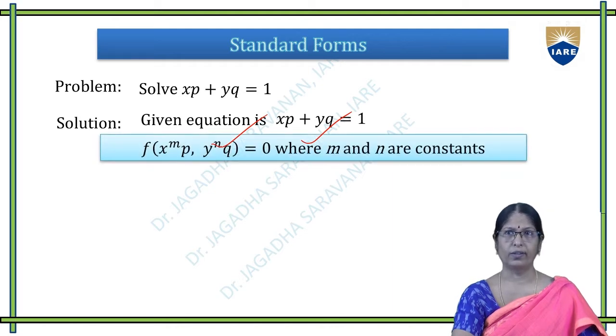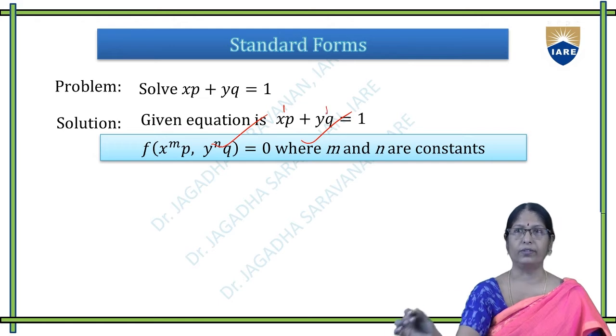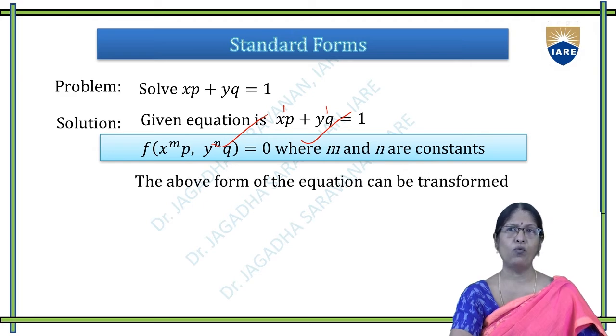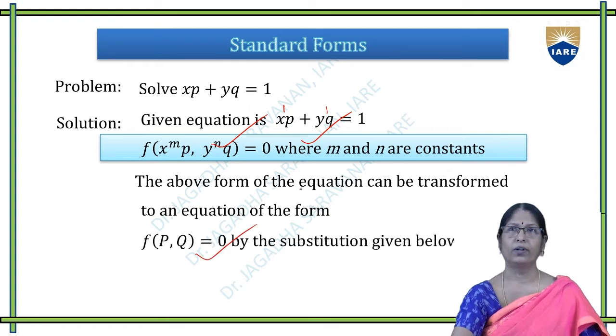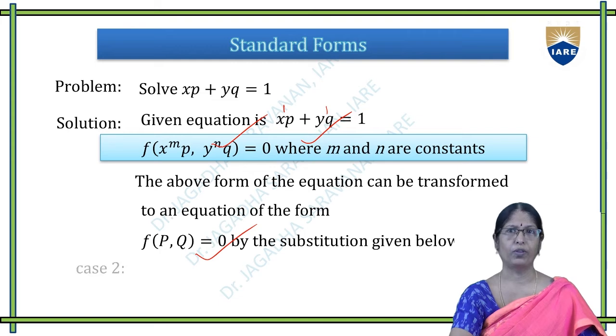We notice that x and y have the power 1, and m and n are constants. So the above form of the equation can be transformed to an equation of this form, that is standard form 5, which we are going to adopt. That should be reduced to our standard form 2.